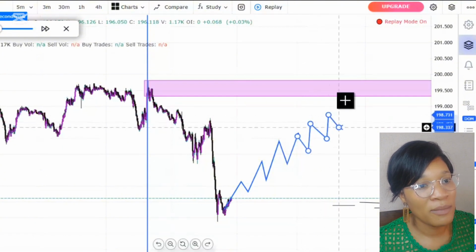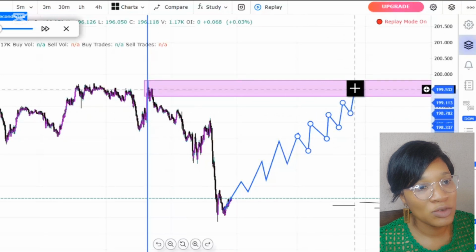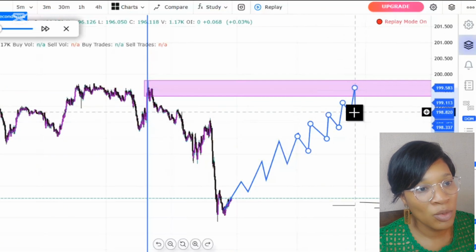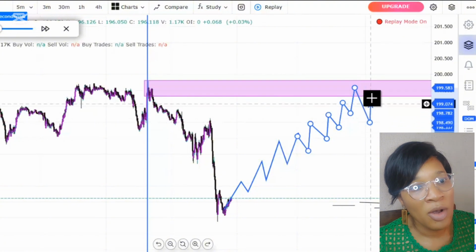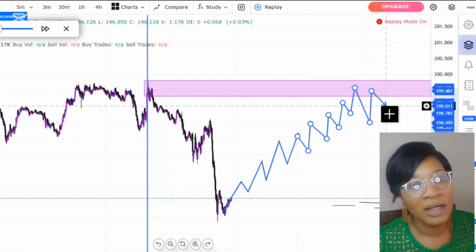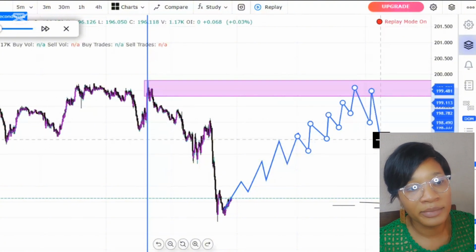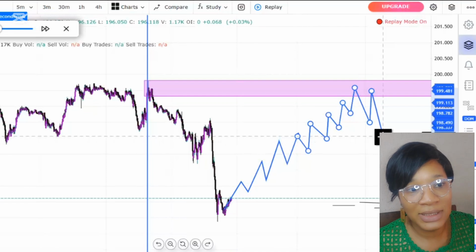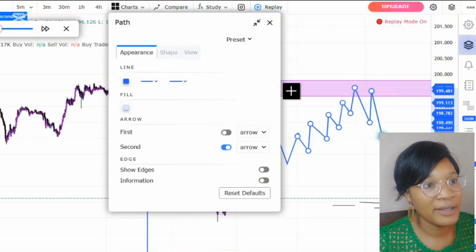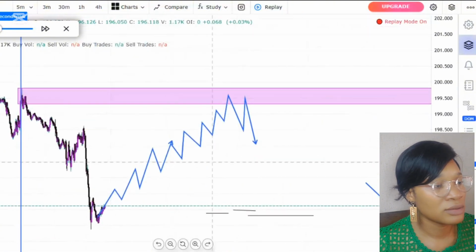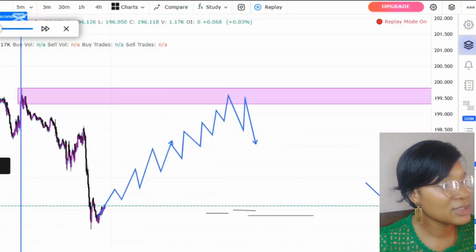I want price to come up to this point into my zone, take out this low right here. I hope you can see, take out this low, come back to whatever zone or whatever other block that caused that change of character right there. So this is the change of character here. Hold on. This is the change of character right here.